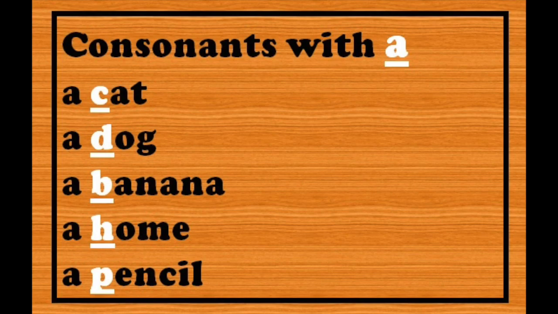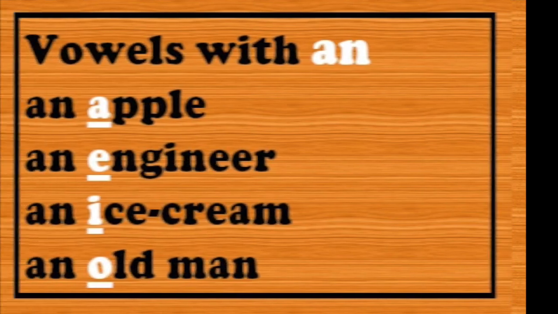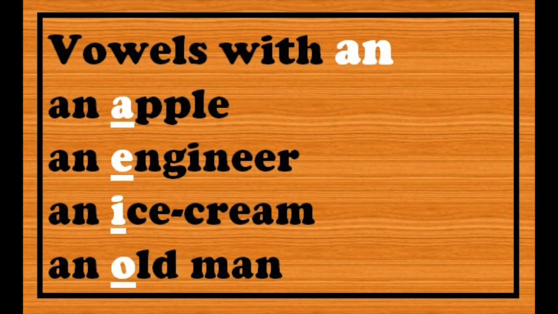Notice that in natural speech we don't say "ay". Instead of that we say "uh", like a girl, a boy, etc. See the next examples for vowels: an apple, an engineer, an ice cream, an old woman, etc. Here we have apple begins with a sound, engineer begins with e sound, ice cream begins with I sound, old woman begins with O sound.